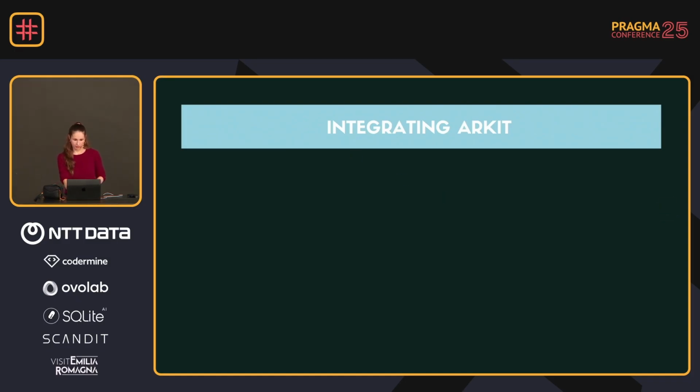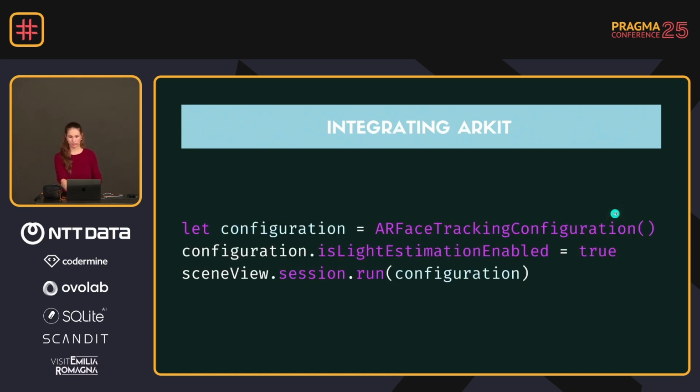So let's look at the code. The similar thing with ARKit and Vision is that they both run with queues, with a session, and we create an AR view instead of a camera preview. Once we configure the AR face tracking configuration, the framework automatically tracks your head in 3D.